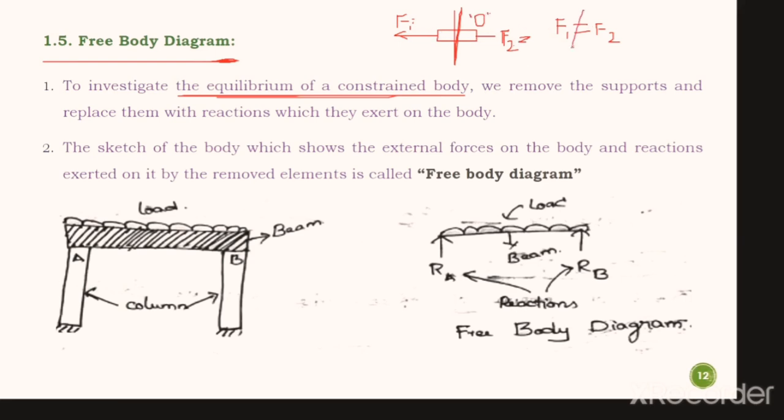If F1 is actually greater than F2, what is happening there? Since F1 is greater than F2, the net force is not going to be 0, right?